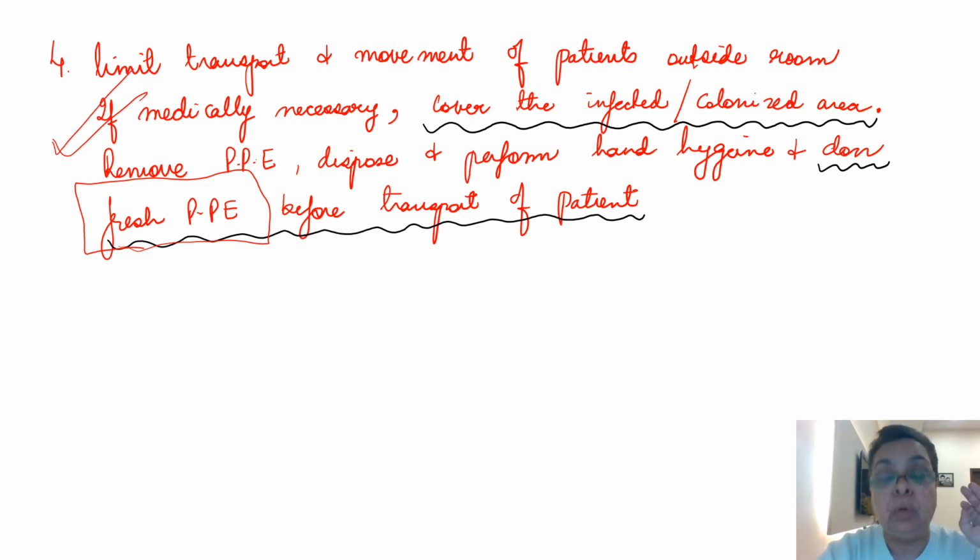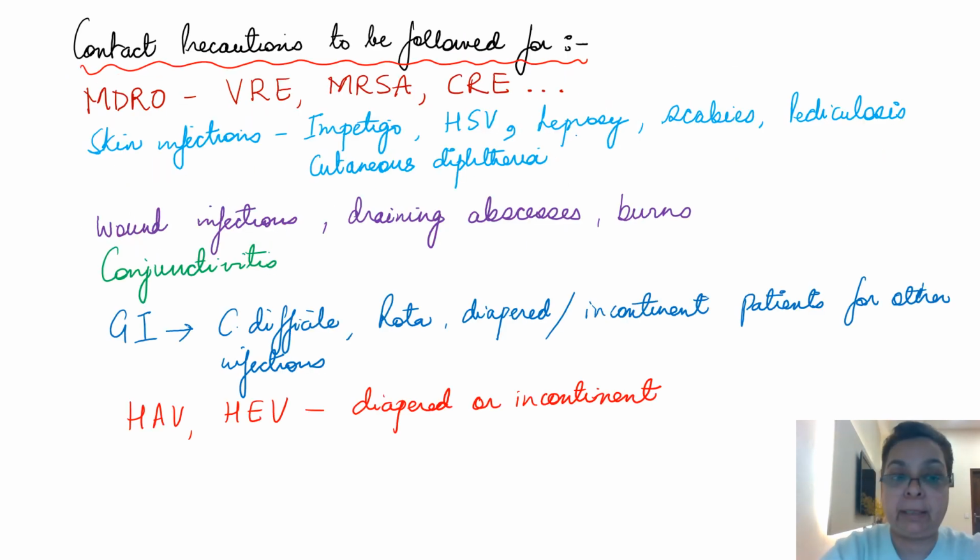Right? So let's find out which are the infections or the pathogens for which we are going to follow contact precautions. So one is multi-drug resistant organisms like vancomycin-resistant enterococci, methicillin-resistant Staph aureus, or vancomycin-resistant Staph aureus, or carbapenem-resistant Enterobacteriaceae.